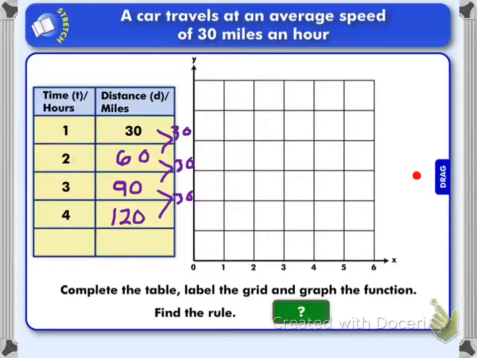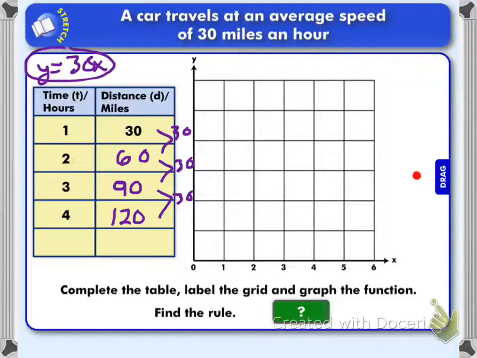So because I'm adding that 30 each time, if I wanted to write my equation for this, y equals 30x, and if I drive for 0 hours, that means I'm going to go 0 miles, so I'm not going to add anything onto it, so it would just be y equals 30x.